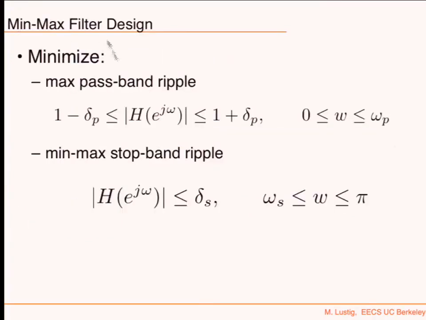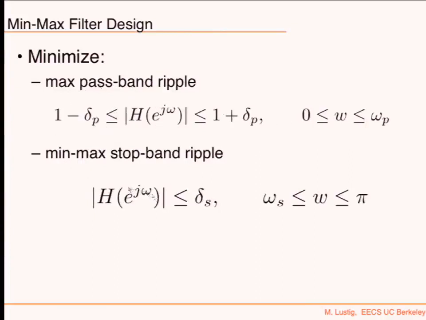Well, I'd like to minimize, for example, there's a few options there that you could do. Okay, in the passband ripple, I'd like my frequency response for a low pass filter to be between 1 minus delta P and 1 plus delta P. Okay, that's a constraint.